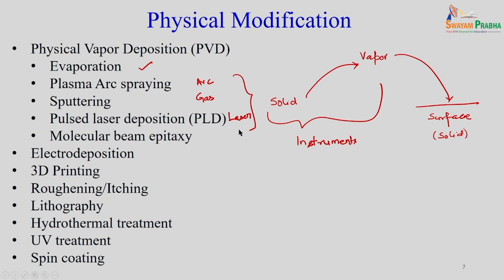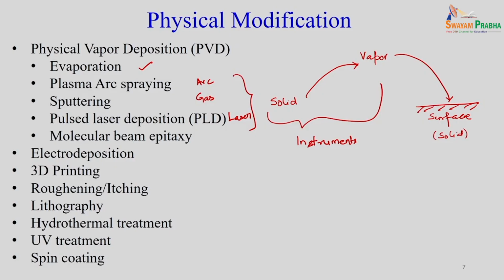So, this plasma cloud converts the solid target to the vapor and then it is deposited on the surface. Depending on what is forming the plasma cloud, it is named plasma arc spraying, cathodic arc spraying, sputtering, pulse laser deposition, or molecular beam epitaxy.